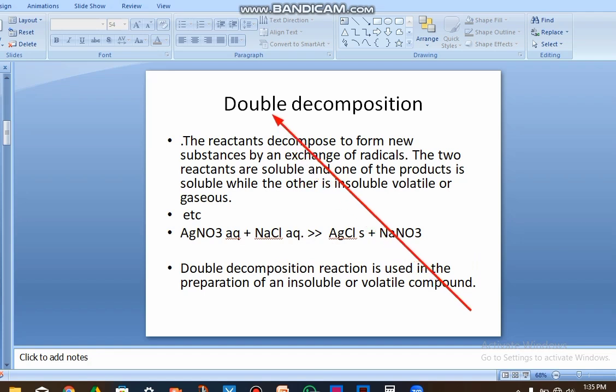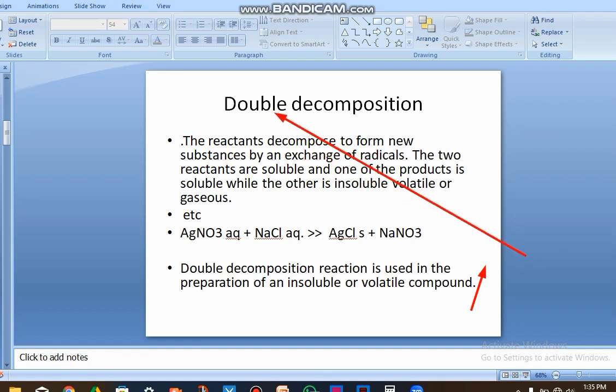So this double decomposition, the first one we did was just decomposition, meaning one single compound decomposing or splitting to form other smaller substances. But this one, mark the word double. It is now double, so it will be two.